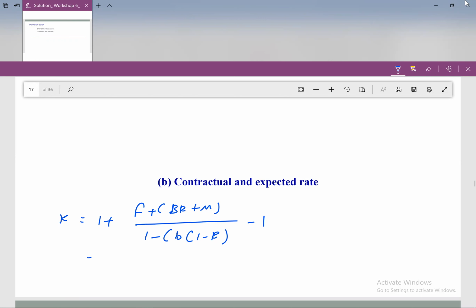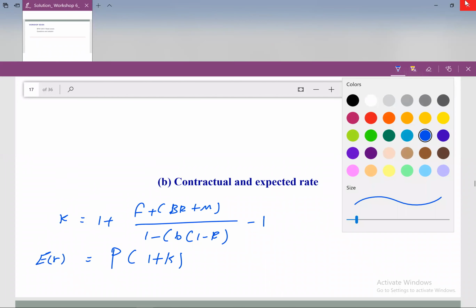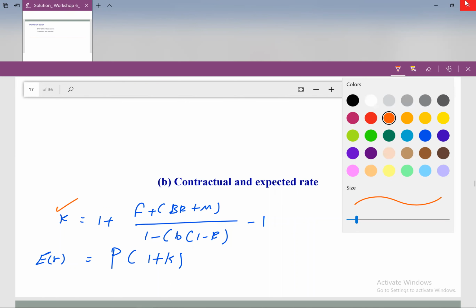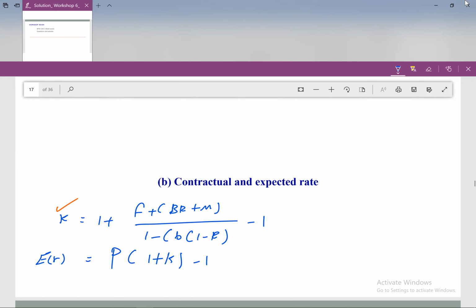Now, after we get the K, we will get the expected return, which is the probability times 1 plus K, this K, minus 1, which is the principal. Minus the principal, okay? Don't forget this one. The formula will be given to you.